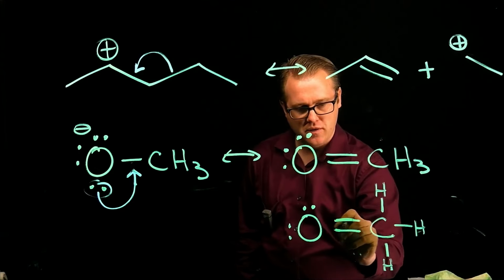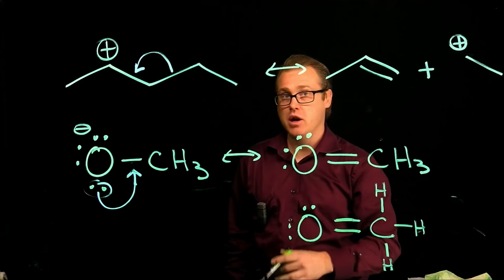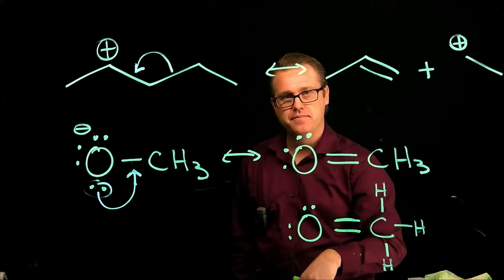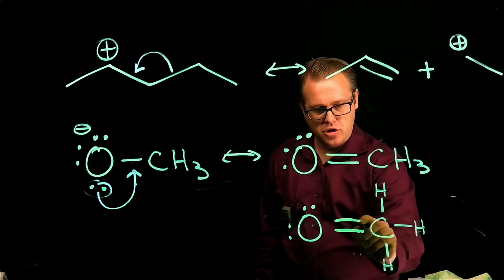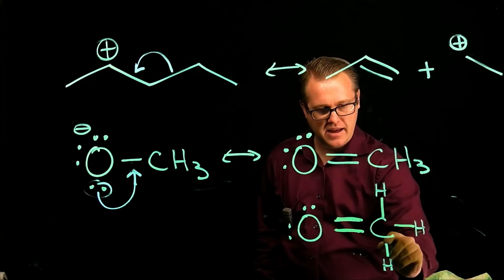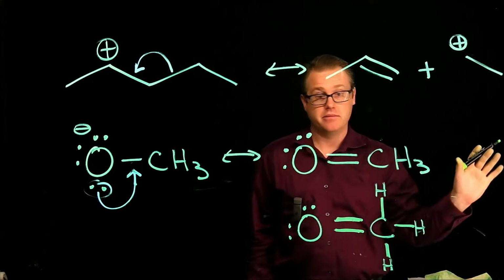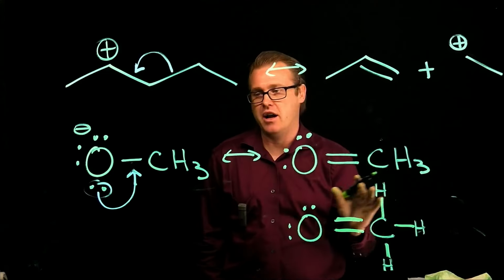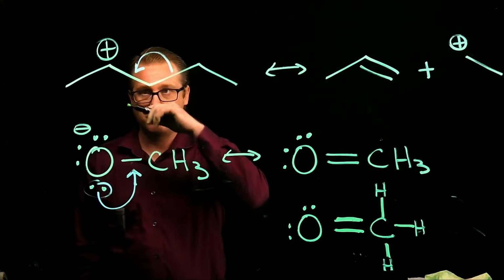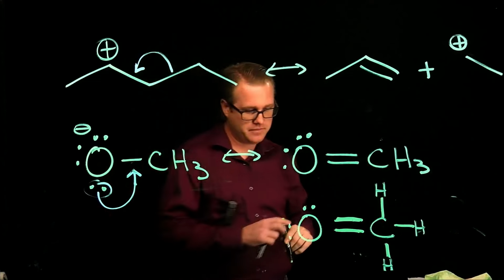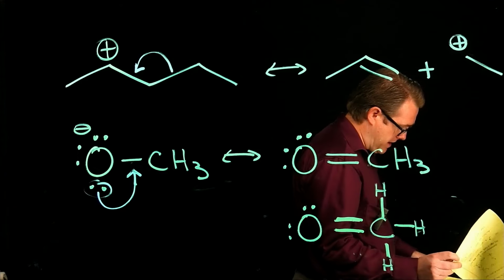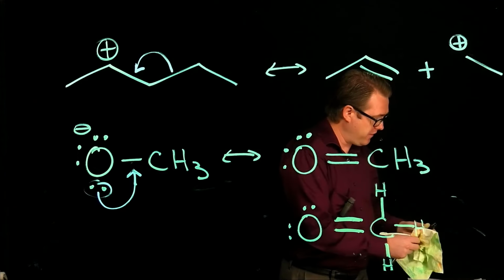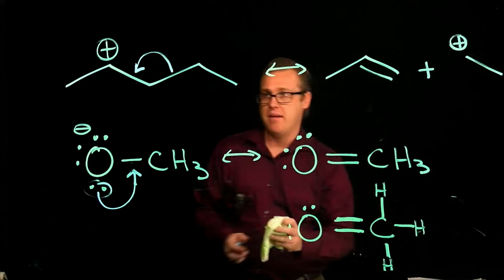There's 2, 4, 6, 8. No, it doesn't break the octet rule. That's fine. What about this carbon? 2, 4, 6, 8, 10. Boom, just done. That's wrong. You cannot do that. You cannot break the octet rule. No, no, no. Okay?